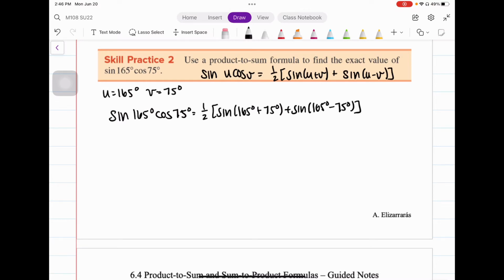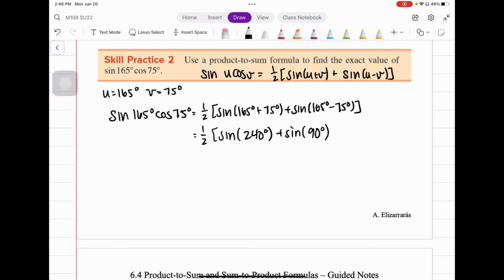The sine of 165 degrees cosine of 75 degrees is equal to 1/2 sine 165 degrees plus 75 degrees plus the sine of 165 degrees minus 75 degrees. That's 1/2 the sine of 240 degrees plus the sine of 90 degrees.